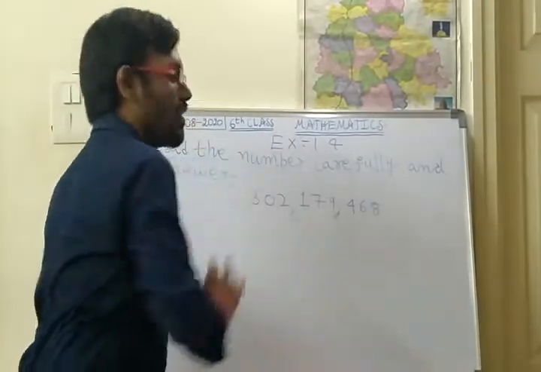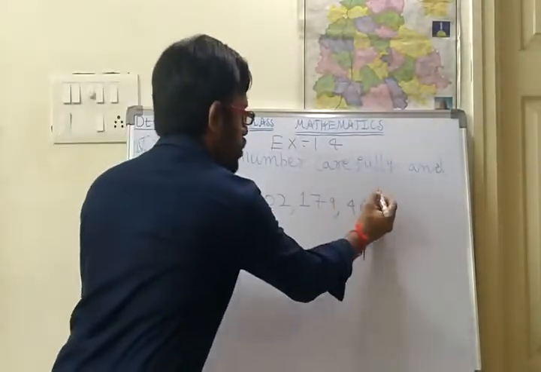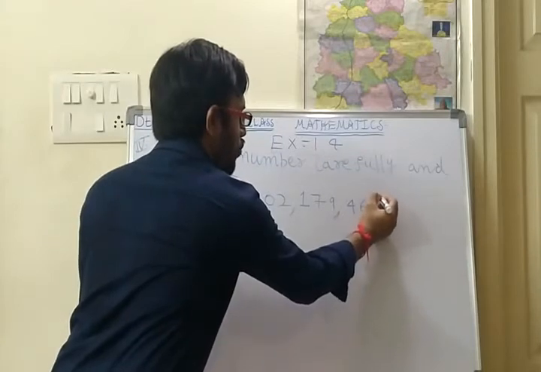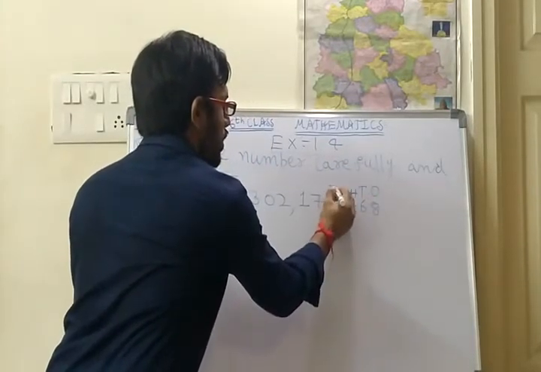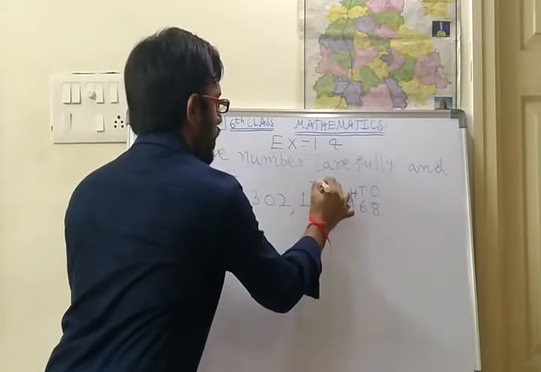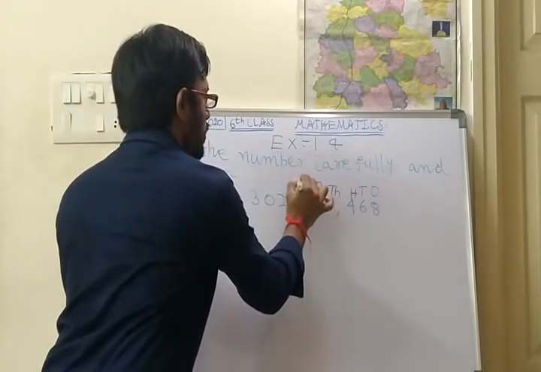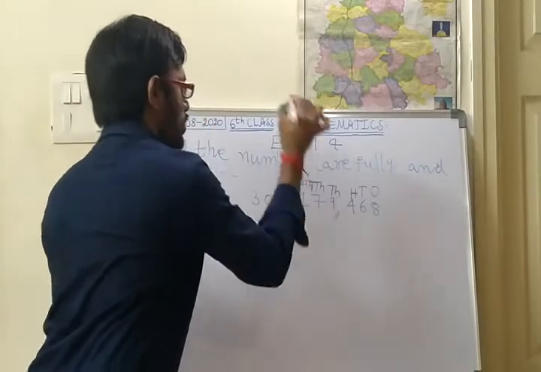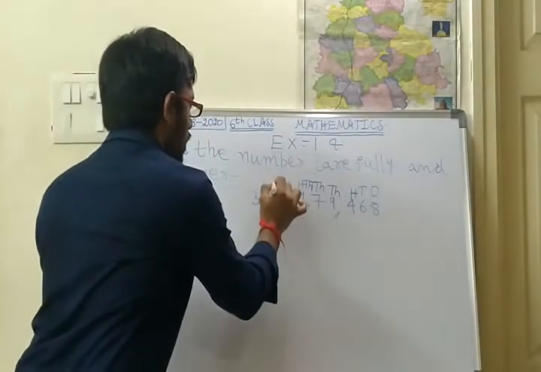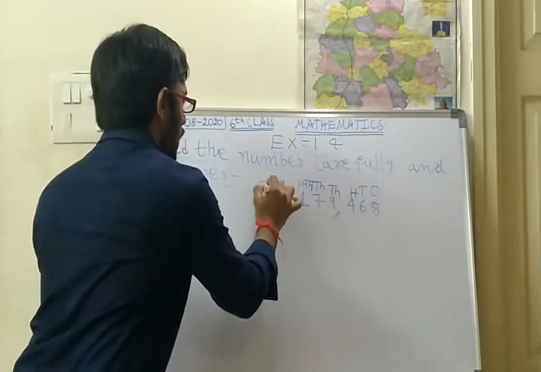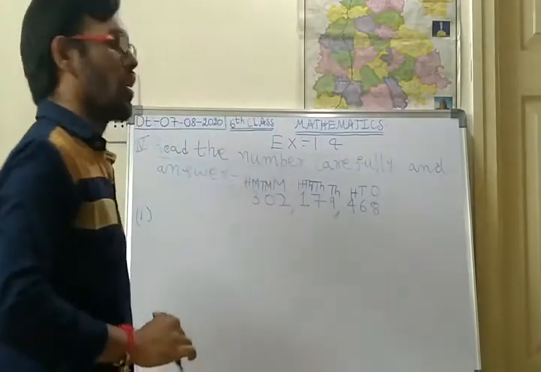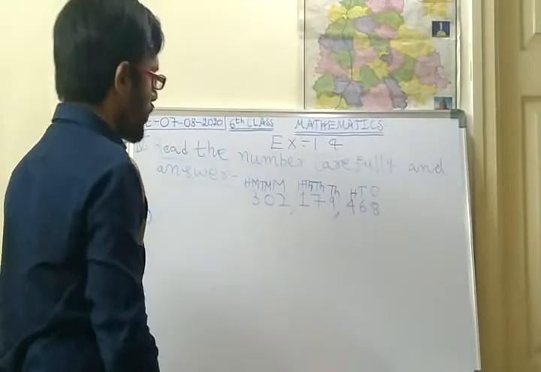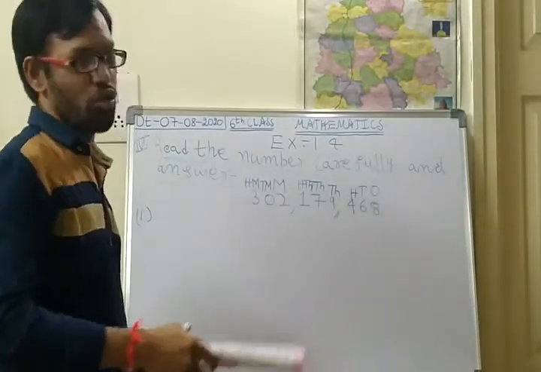So now we should write the place names. In the international system: ones, tens, hundreds, thousands, 10,000s, after that 100,000. Next, million, 10 million, after that 100 million. Like this you have to write. After writing, now some questions are given.